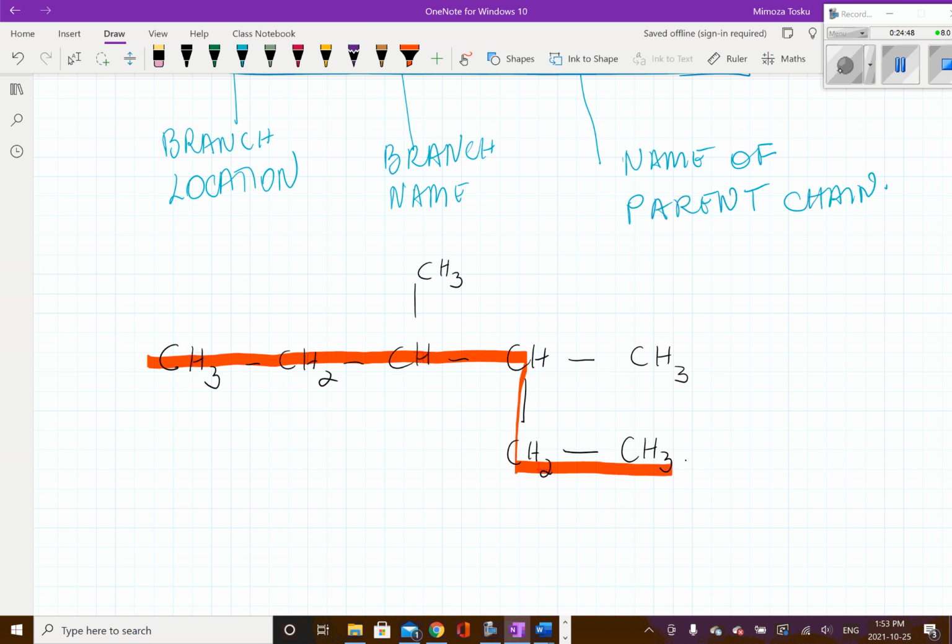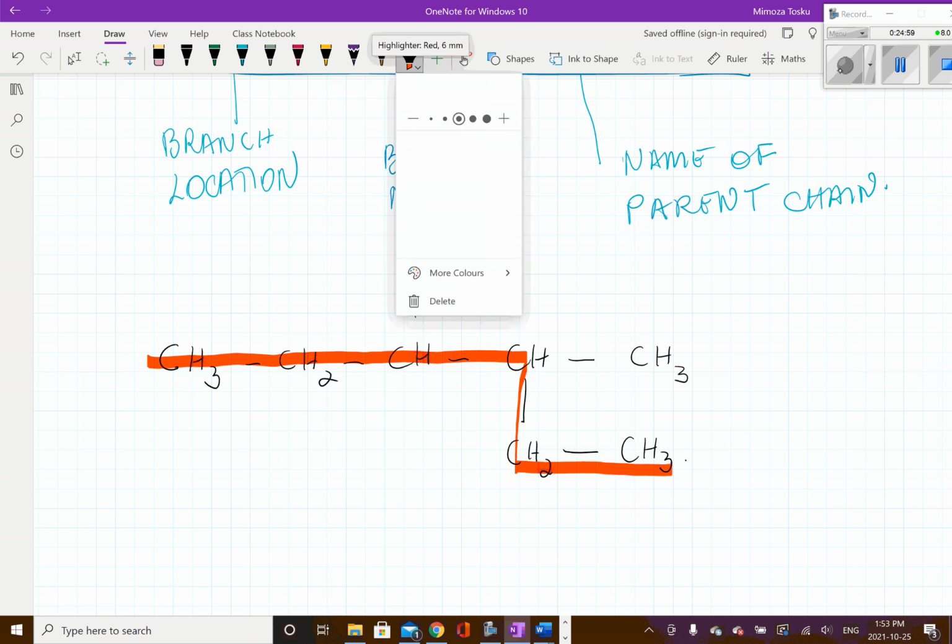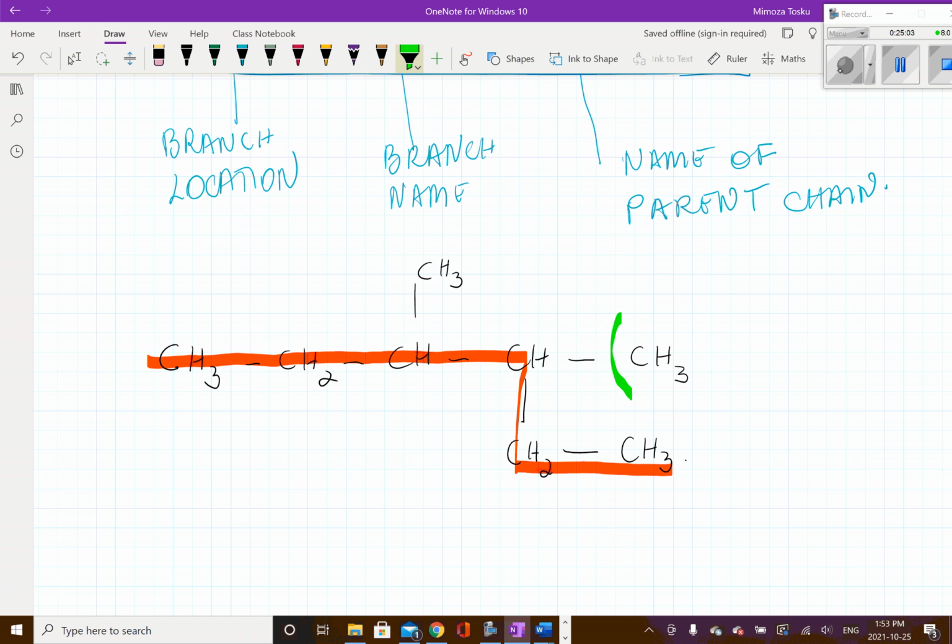Now let's identify the branches. Let's see which one is a branch and what is the name of that branch. One branch is this one here, and one branch is this one here. Branches are like branches of the tree.